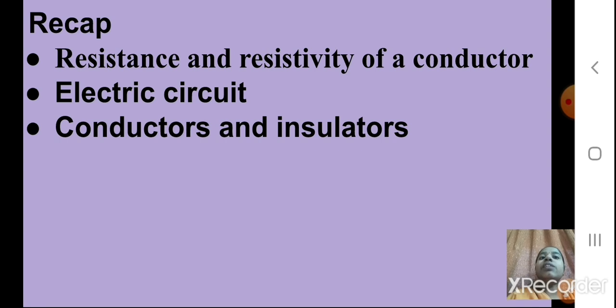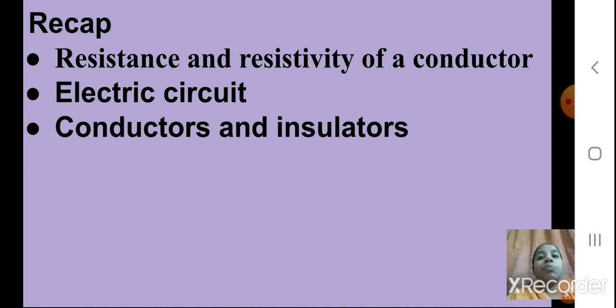Then we studied what is the electric circuit. Students, what is the electric circuit? An electric circuit contains different components. We studied that in order to have a complete electric circuit, we need different things. You need connecting wires, you need a cell, you need a key.